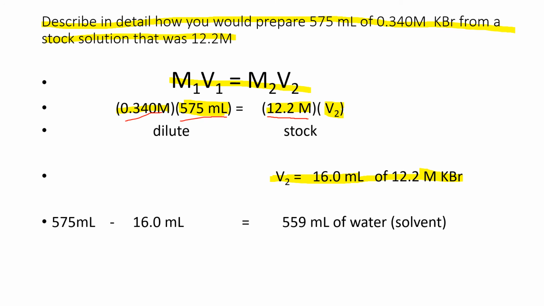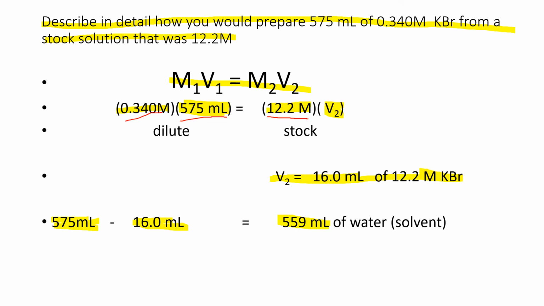What did we already find? The total volume of that solution is 575 milliliters. Well, 16 milliliters of that is our stock solution that we just calculated from M1V1 equals M2V2. So where does the rest of it come from? Just do a subtraction. 575 minus 16 would be 559 milliliters.